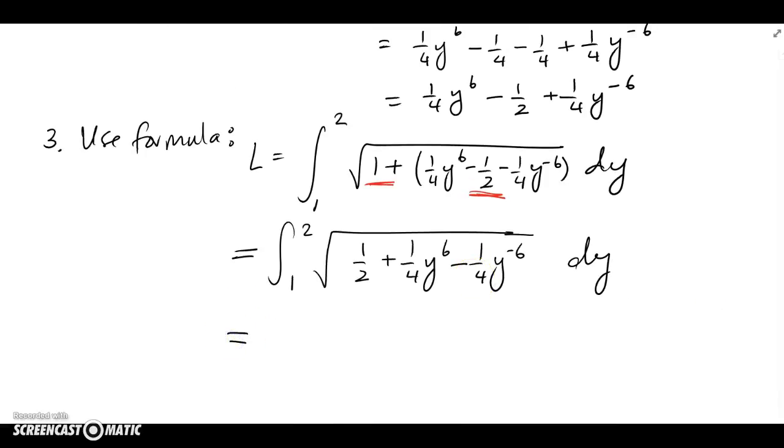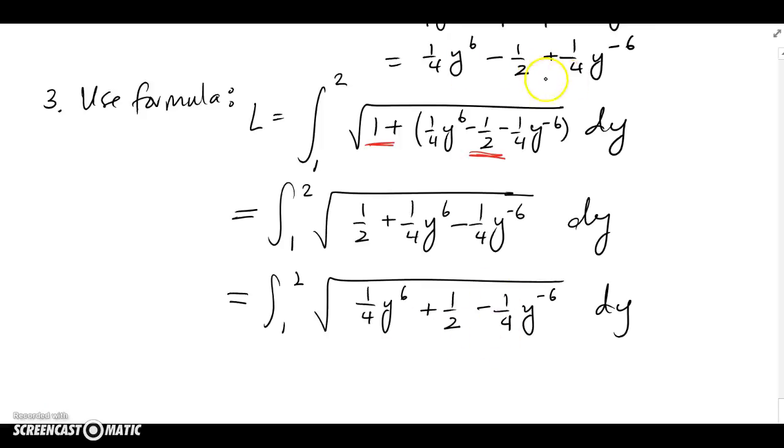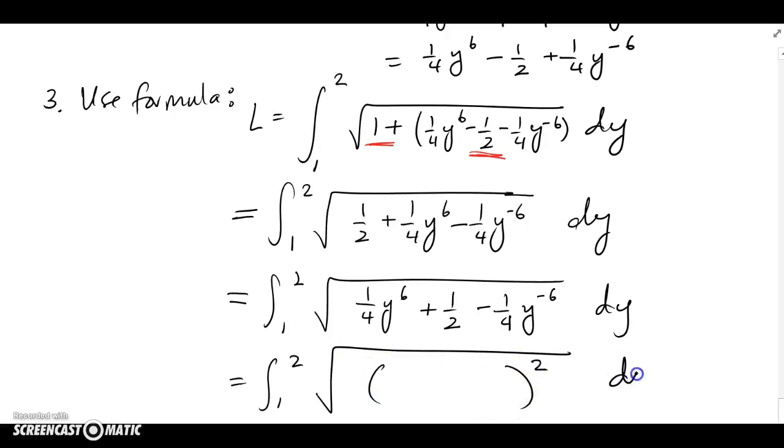If I rewrite it as this, that pretty much looks like this guy. So I have 1 to 2, some binomial looking thing squared, and it must be a half y to the 3rd and a half y to the negative 3rd. And the negative was throwing me off.